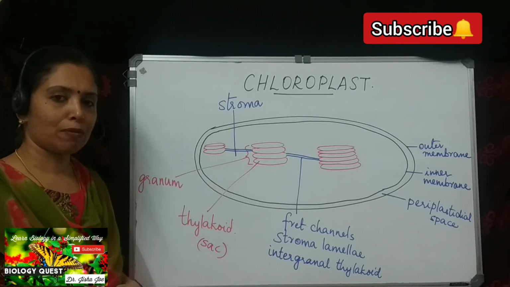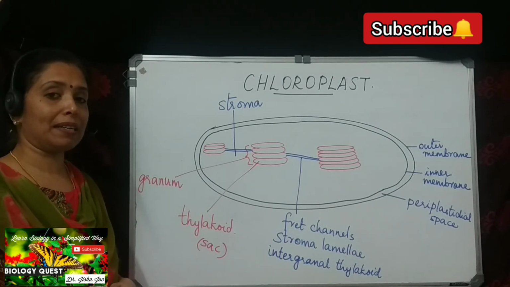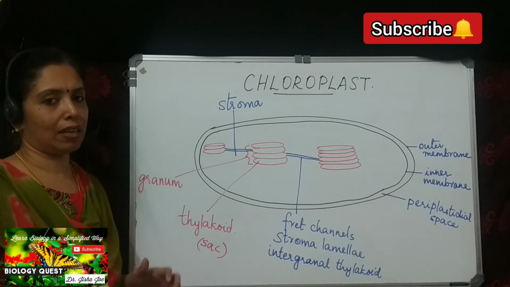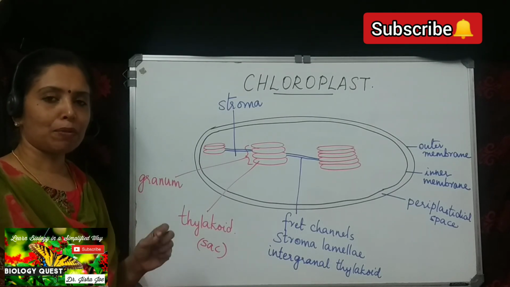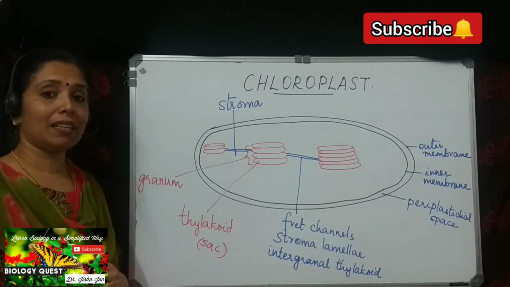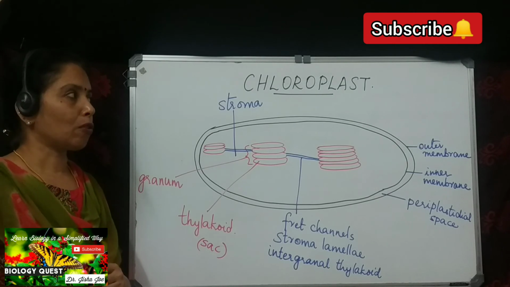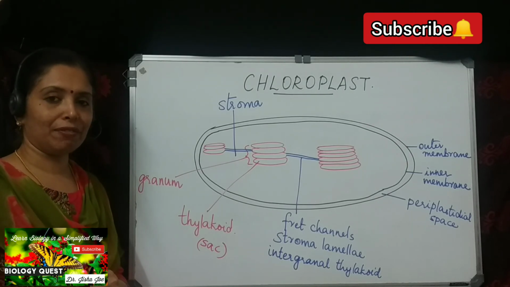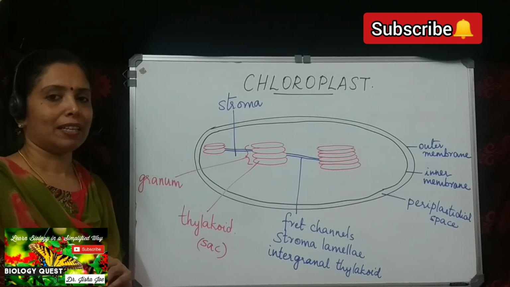Along with the enzymes for the dark reaction, they also contain DNA and ribosomes. The ribosomes present in the chloroplast are 70S ribosomes, and due to the presence of DNA, like the mitochondria, chloroplasts also undergo division.